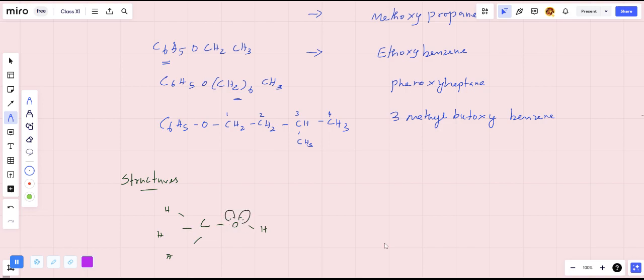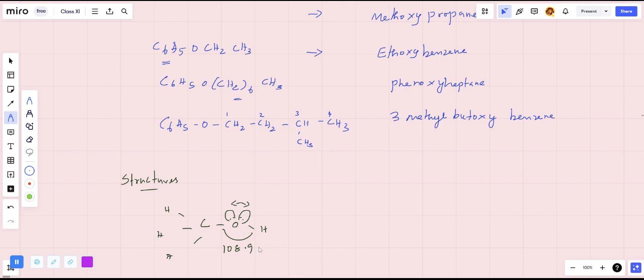So it has two lone pairs of electrons, and because of the repulsion between these two lone pairs, the angle is 108.9 degree. Okay, so slightly lesser than tetrahedral.